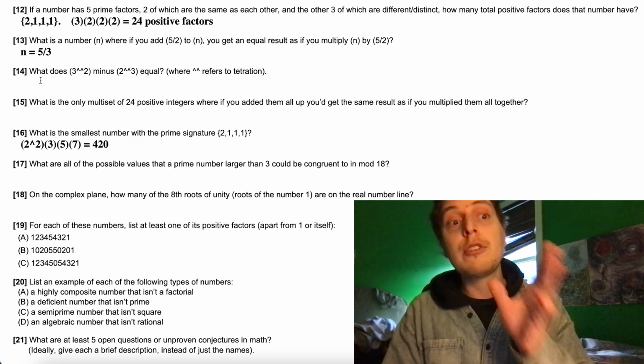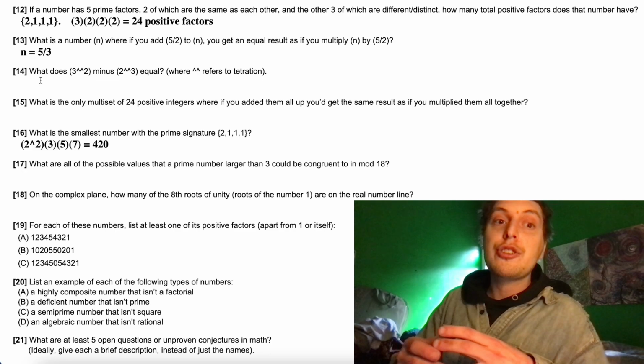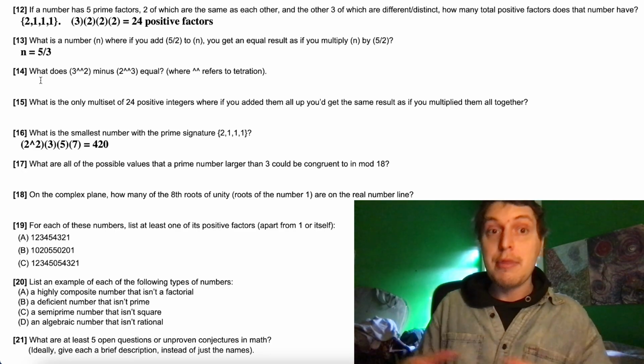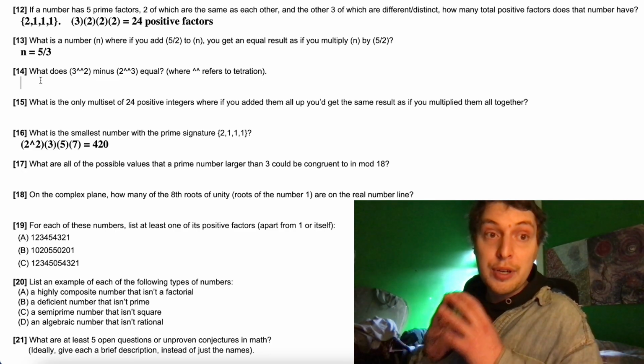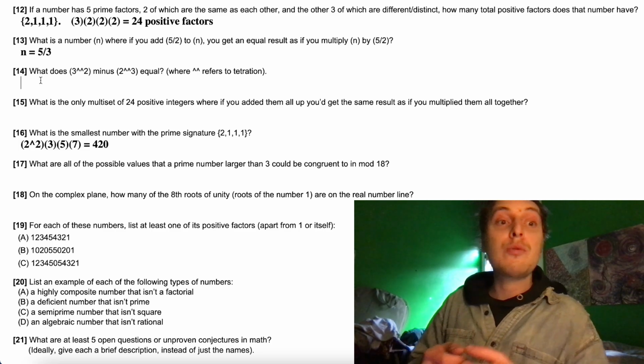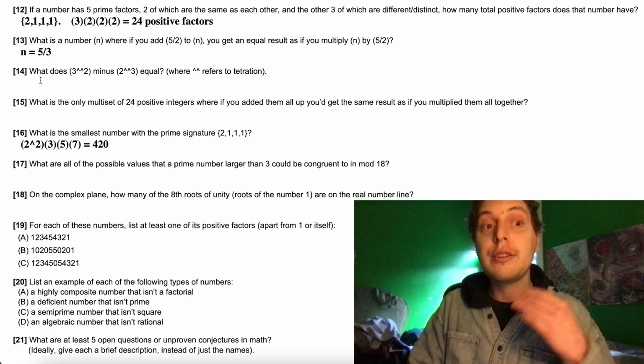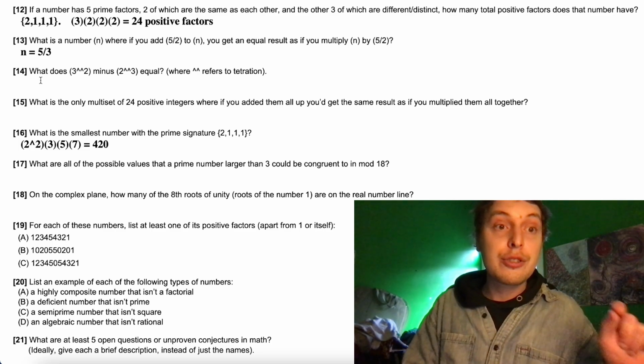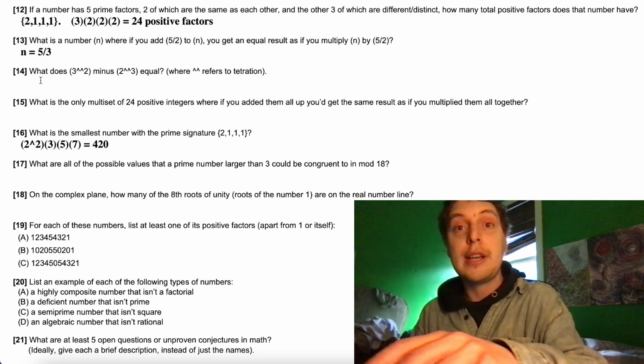Next, for 14 here, I asked a question about what's called tetration, the level beyond exponentiation. I asked, what is 3 tetrated 2 minus 2 tetrated 3?